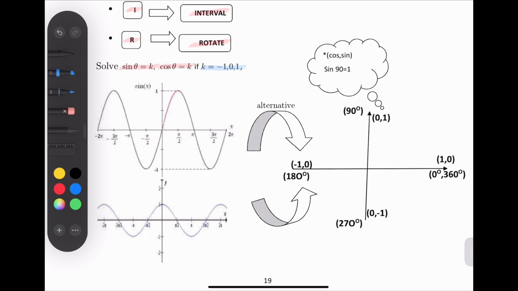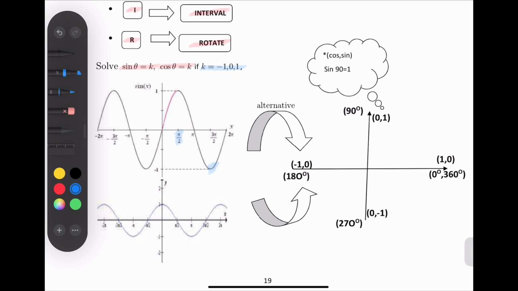So for example, when k equals 1 for sin theta, the answer will be pi over 2. And if we take sin of 3 pi over 2 over here, then the answer will be negative 1.